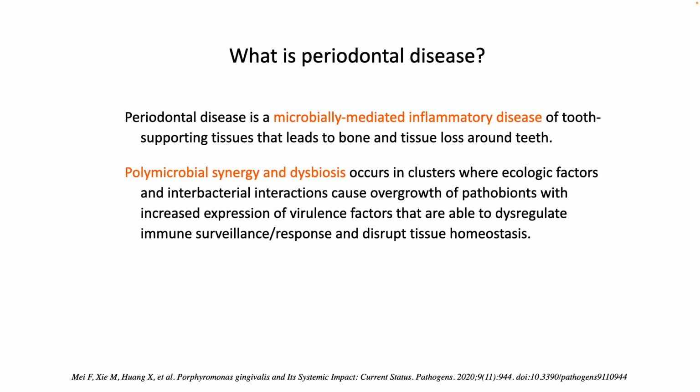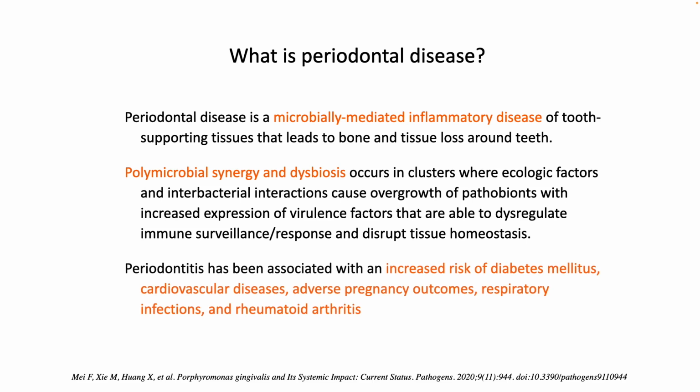It's caused by many different types of bacteria working together, creating what we know as a dysbiosis, where they overgrow and create bacteria which are able to cause disease in the body by virulence factors and dysregulation of immune response, and disrupts tissue homeostasis. And we know that there's an increased risk of other chronic inflammatory diseases like diabetes mellitus, cardiovascular diseases, pregnancy outcomes, respiratory infections, and rheumatoid arthritis.